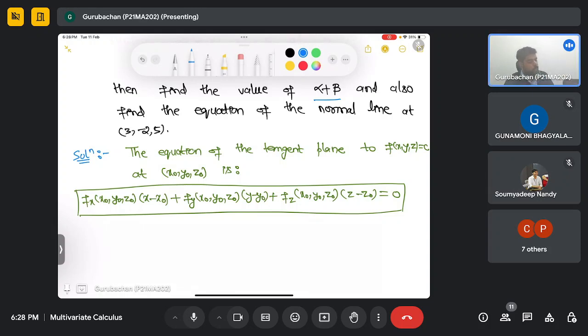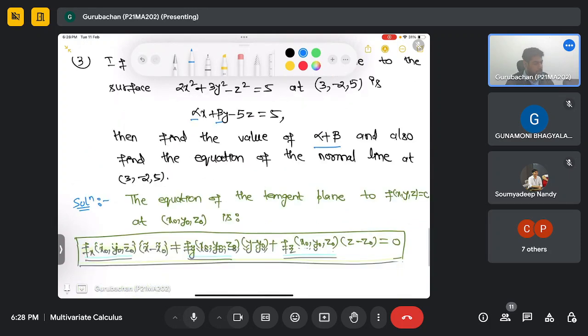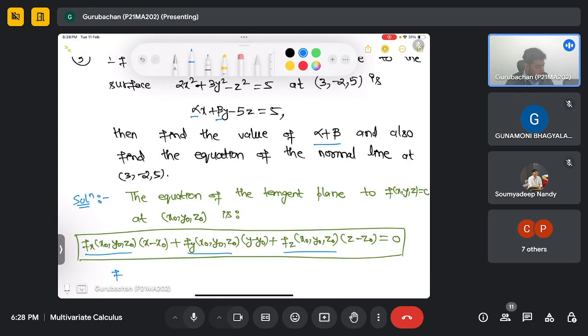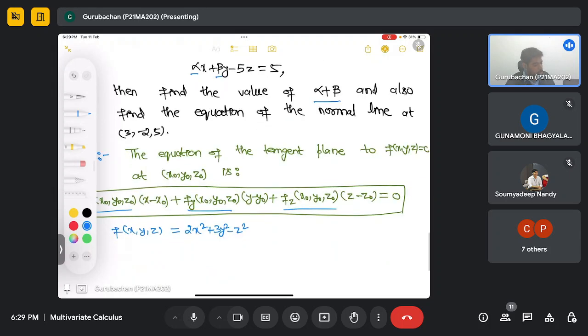For this, we need to compute the partial derivative of f with respect to x at the point (x naught, y naught, z naught). Similarly, f y and f z. So first of all, let us think what is this f(x,y,z). From the question you can observe that f(x,y,z) is equal to this function, that is 2x square plus 3y square minus z square. Now we need to find its partial derivatives with respect to x, y, and z.